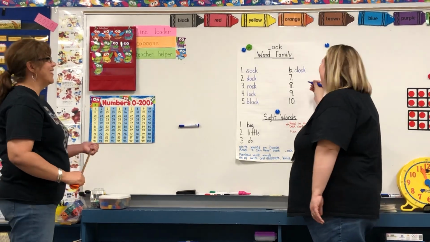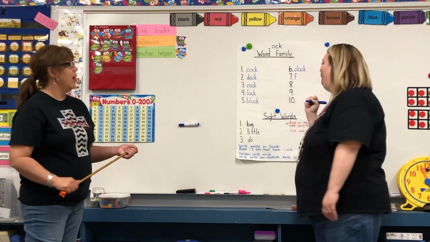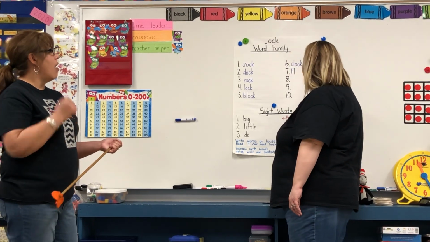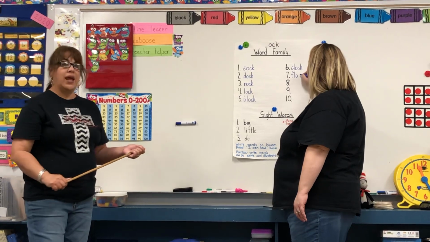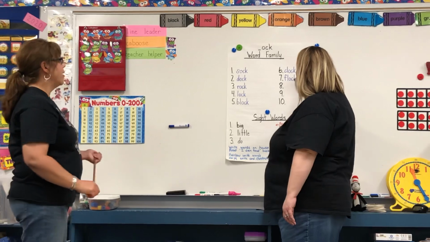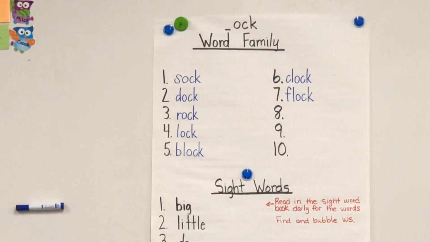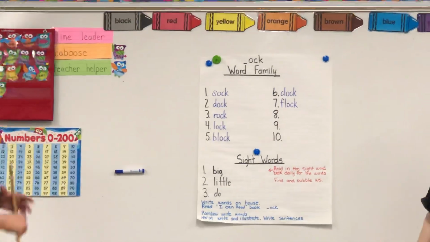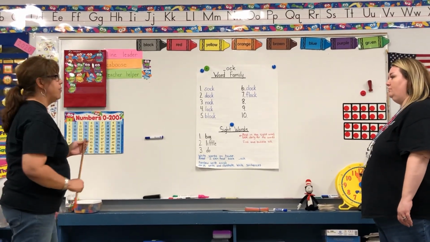F. Then L. O. Then a C. And K. There you go. A flock. Okay. So if I have a flock of birds, what does that mean? It's a group, right? A group of birds, right? Where they all flock together. They're going to all go together, right?